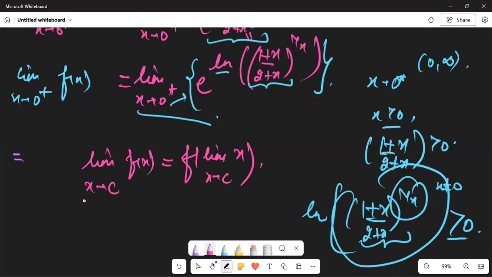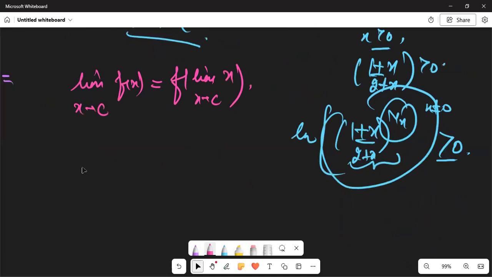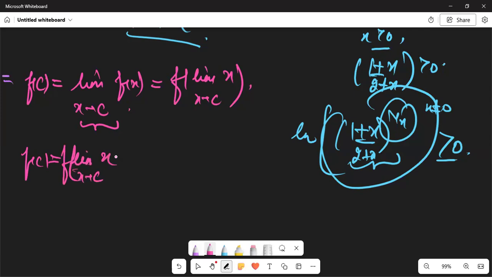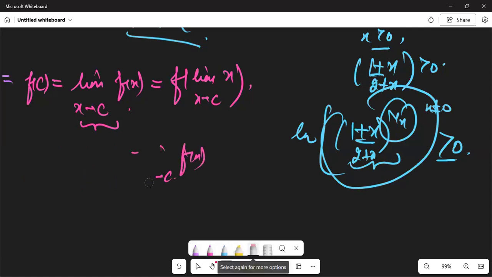Because if there is a function f and this is a continuous function and you are talking about this limit, then this is nothing but f at the point c. And what is f(c)? It is actually f of the limit of the identity function when x is going towards c. So of course this will be c only, and this is going to be equal to this. So this is what we are going to use for an exponential function as well.